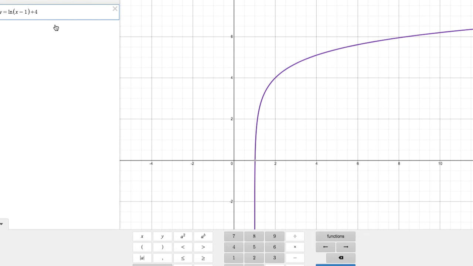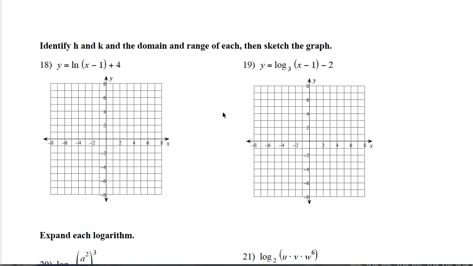So when we think of this with our graphing abilities, we know that, again, this is going to move our x to the right 1. It is going to move it up 4. So to the right 1. And here is our new vertical asymptote.